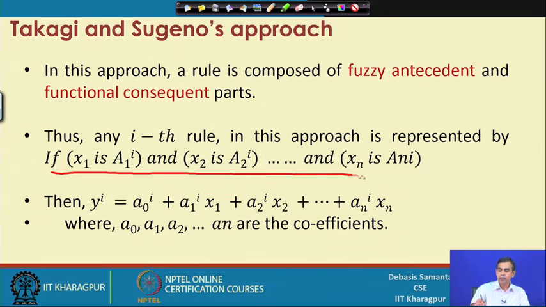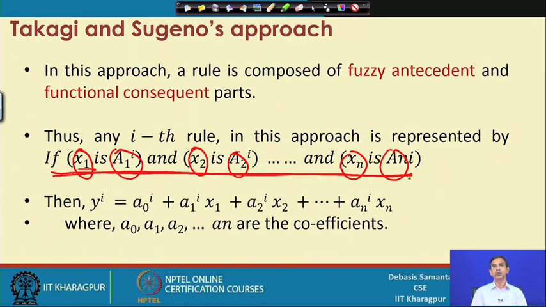It is the rule with the n inputs x1, x2 and xn. If the n inputs at any instant have their own values, and these inputs relate to the fuzzy state A1, A2 and the nth input to the fuzzy state An, then the rule will take this form.